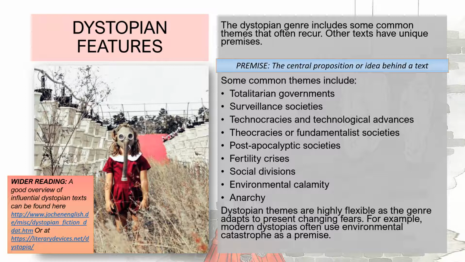Dystopias help us imagine perhaps what could go wrong, to help us explore our fears about the way that society is changing. A good example of that would be environmental catastrophe. It's only, of course, been the second half of the 20th century where we've perhaps imagined that humans might one day destroy the Earth, and that's become a central theme to many dystopias from this era.